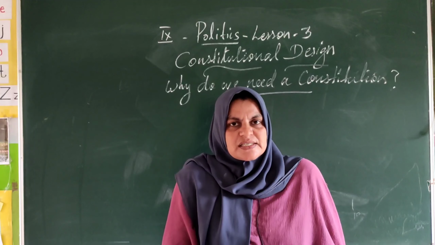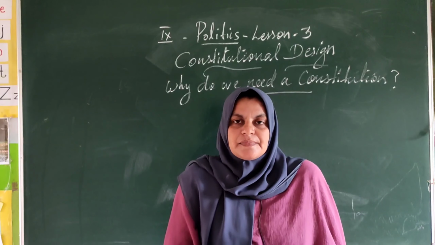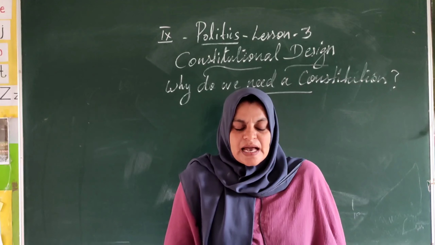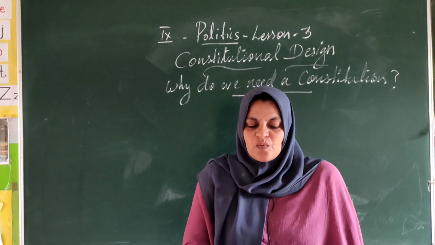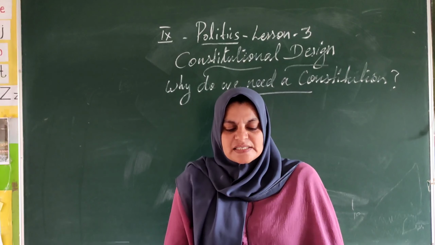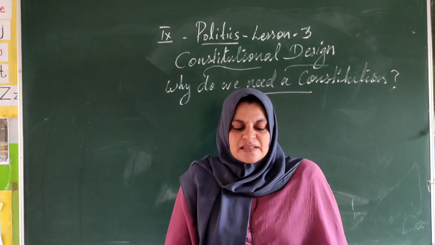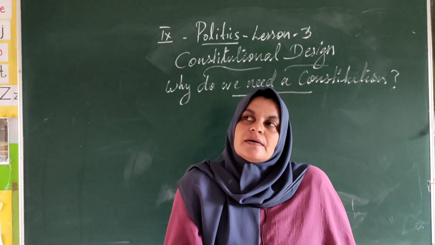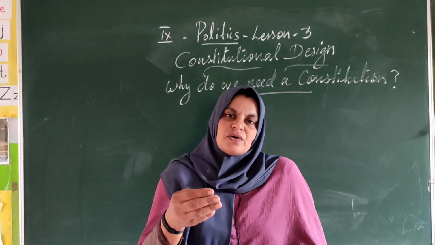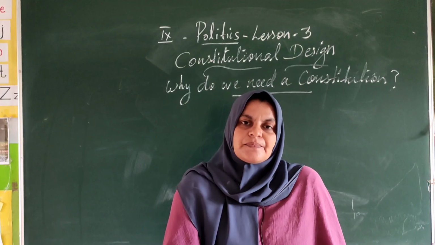So, the compromise is not easy, my dear children, and the only way to build and maintain trust in such a situation is to write down some rules of the game that everyone would abide by. This agreement or this trust is not easy.